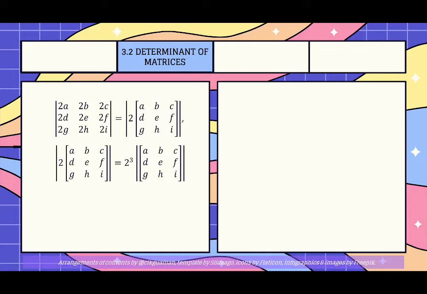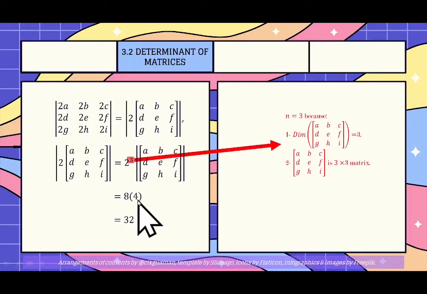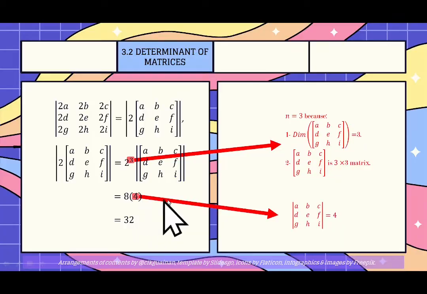So the n, or the dimension, is 3. Therefore, we take 2 to the power of 3 to get 8, and we substitute the value of 4 for the matrix A, B, C, D, E, F, G, H, I. Then we multiply them to get 32.